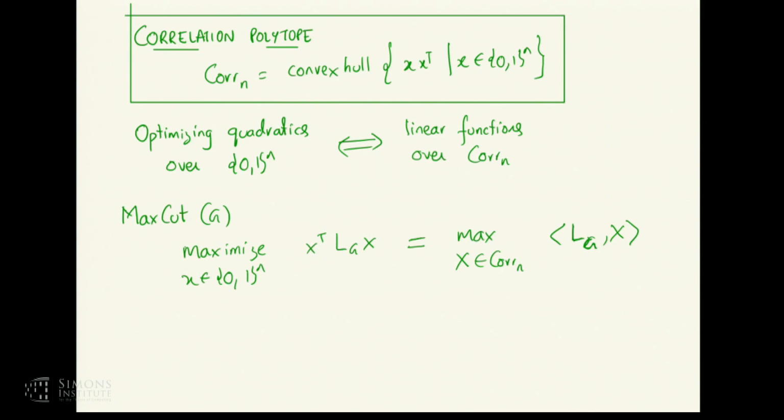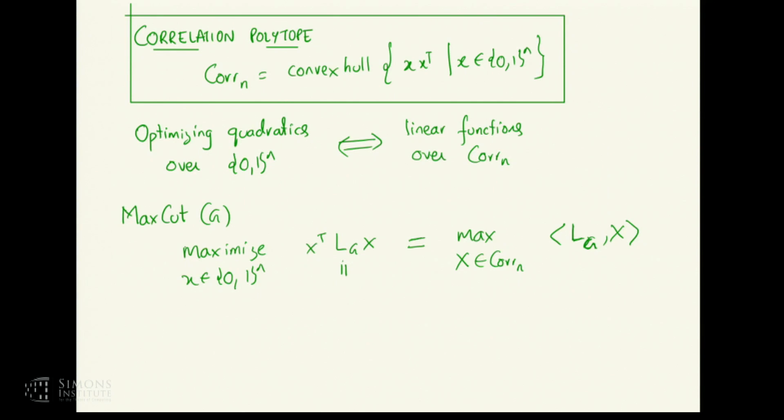In particular, if you look at the max cut problem, you're given a graph G, and you're trying to maximize the number of edges cut. If LG is the Laplacian of the graph, then maximizing the number of edges cut is essentially maximizing the quadratic form x transpose LG x over the Boolean hypercube, and that's essentially the same as maximizing a certain linear function over the correlation polytope.